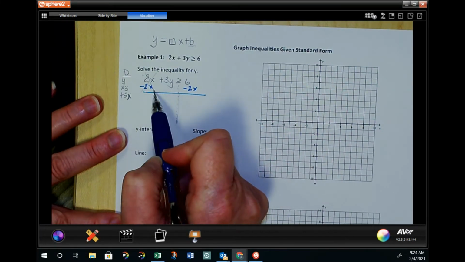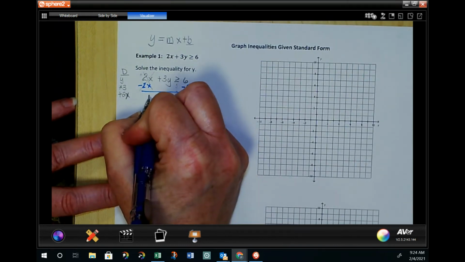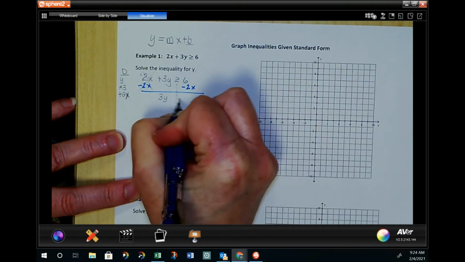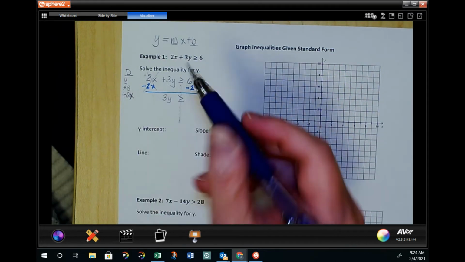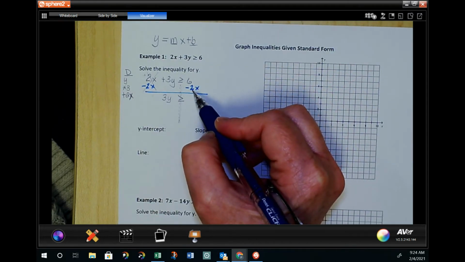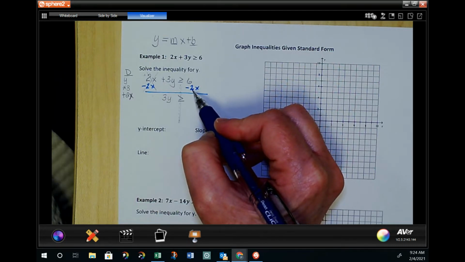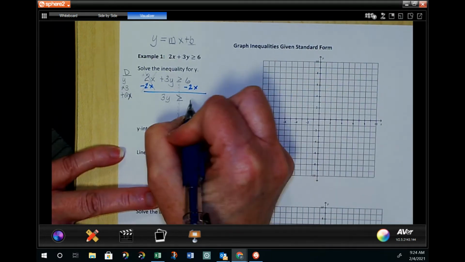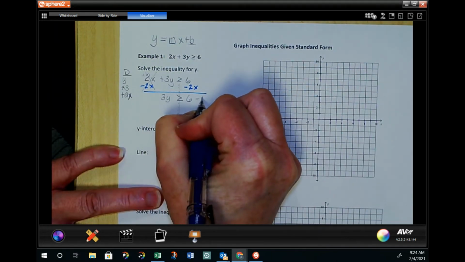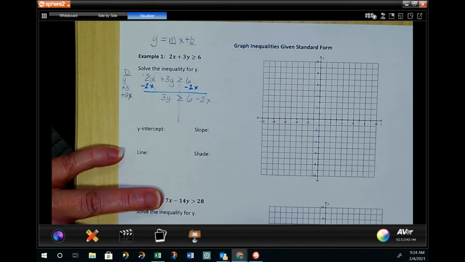So this goes away. And now you have 3y, and you still have that inequality sign. I haven't done anything to it. And then 6 minus 2x. When I have 6 minus 2x, I cannot combine them because the 6 doesn't have an x, but the 2 does. So this is just 6 minus 2x.